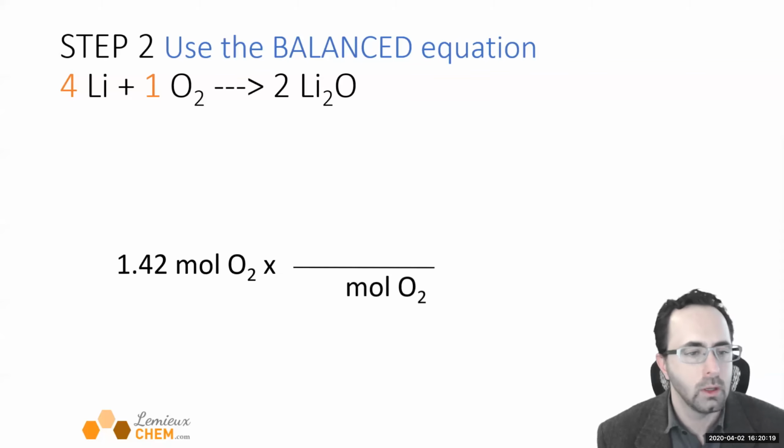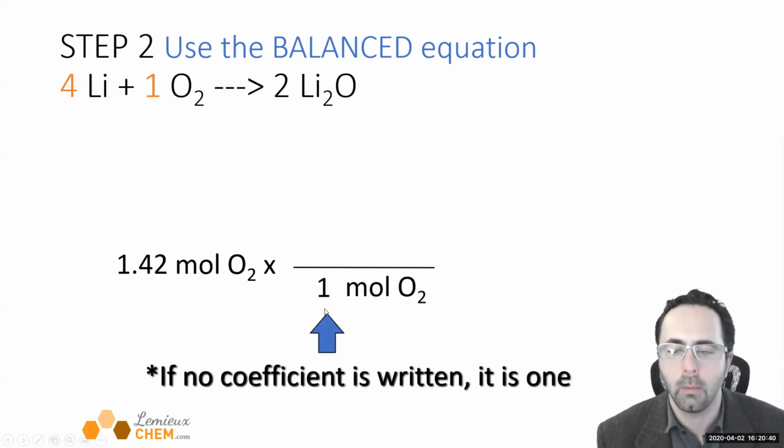We just know that moles of O2 must be down here in order to cancel with moles of O2 here. And on step 2, we're going to be using the balanced equation. This is the only time we're going to look at the coefficients in the balanced equation. Since this is a 1 for O2, we put a 1 next to the O2 right here. Sometimes 1 is not written, but if it wasn't written there, of course it would be a 1.